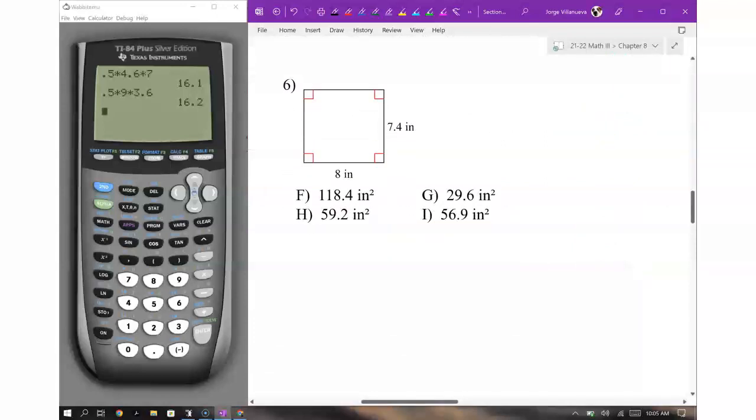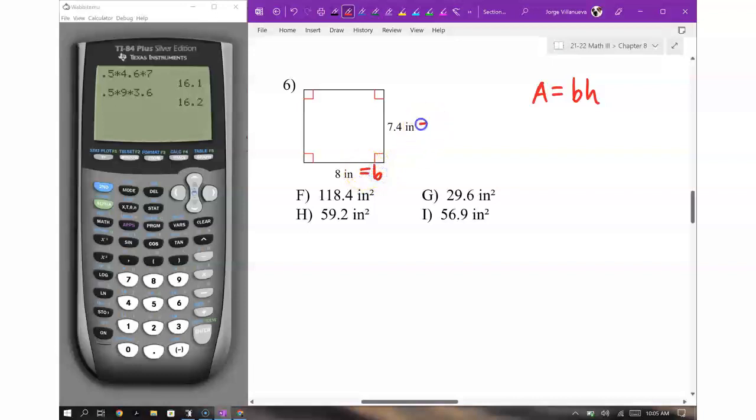Now, this is not a square. This is a rectangle or a parallelogram. Okay, rectangles are parallelograms. So, areas for rectangles or even squares and parallelograms could be base times height. Okay? What's my base? What should I call my B value? 8, all right.